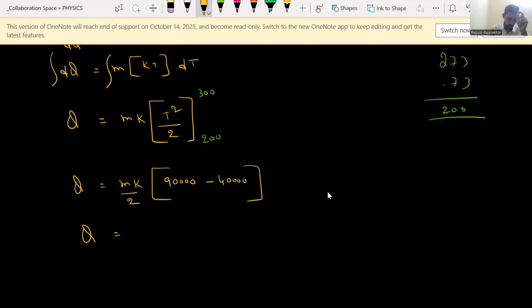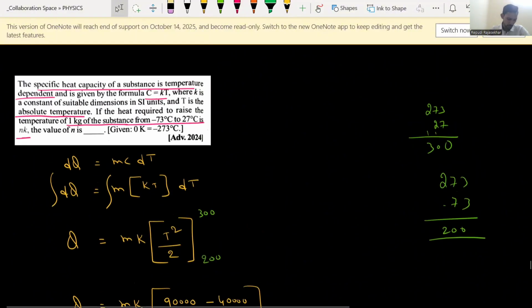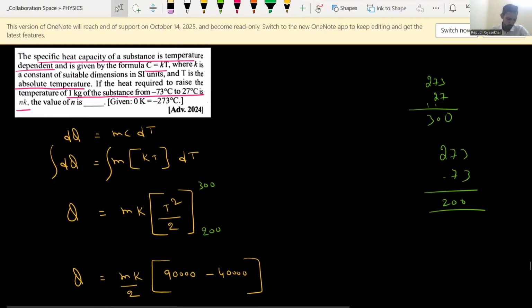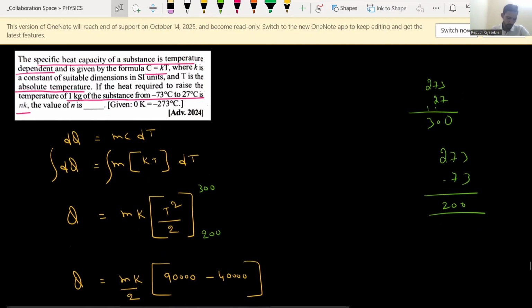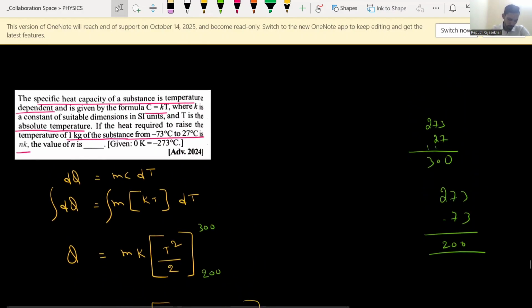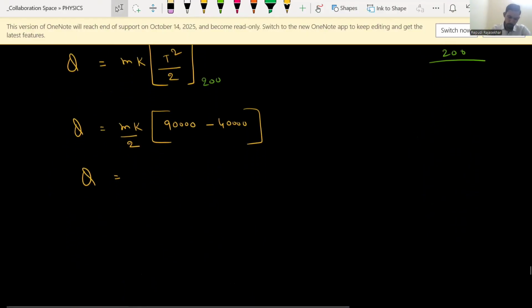So Q equals m and k values. The substance is changed from Nk. What mass of the substance is given? 1 kg, right? The mass of the substance given here is 1 kilogram. Substitute that value. Mass value is 1.